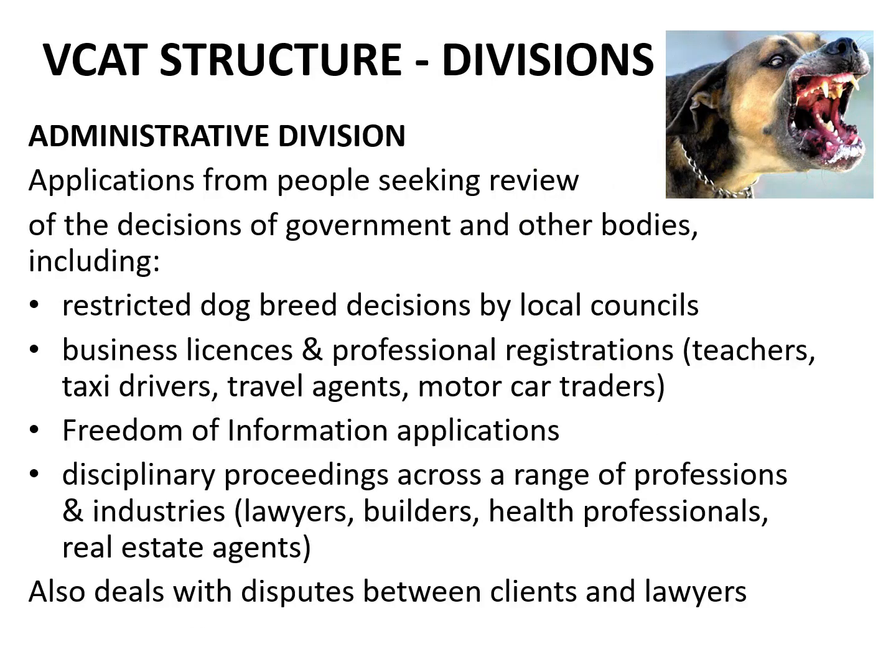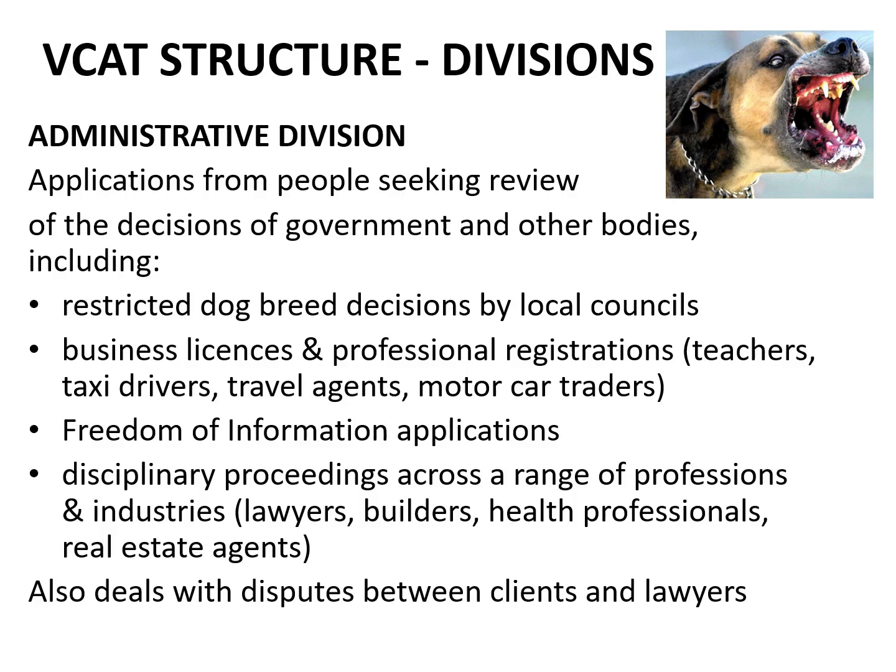On this slide, I've described some of the types of matters that the Administrative Division deals with. As I've said, this division deals with disputes between clients and lawyers and decisions by government and other bodies in relation to the issue of licences. For example, a travel agent might request VCAT to review a government decision to refuse to issue the travel agent with a licence that enables the travel agent to operate as a travel agent.